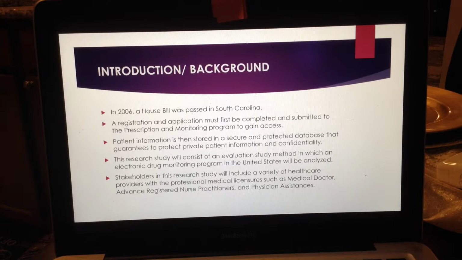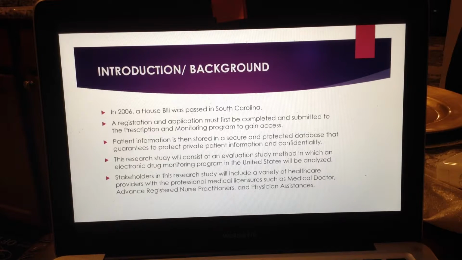This SCRIPTS application is now required by all licensed physicians and practitioners who have the capability within their scope of practice to prescribe controlled pain medications. They register through the portal, gain access, and are able to submit data.